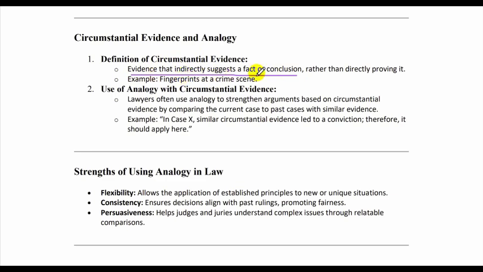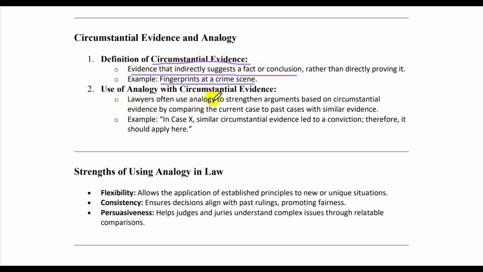Evidence that indirectly suggests a fact or conclusion rather than directly proving it is known as circumstantial evidence, based on circumstances, based on observation. Example, fingerprints at the crime scene are an example of circumstantial evidence.